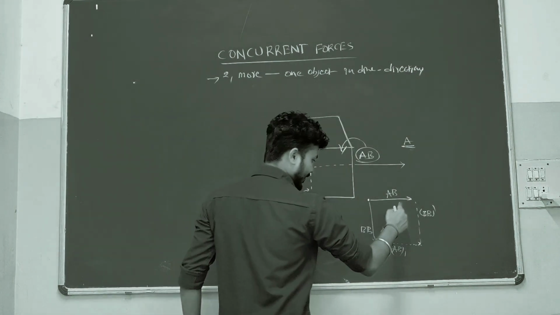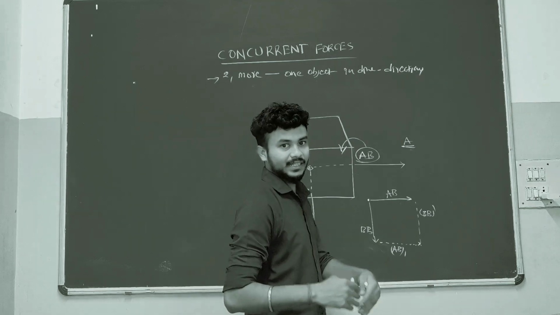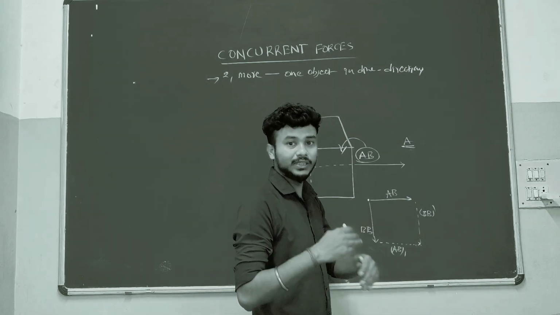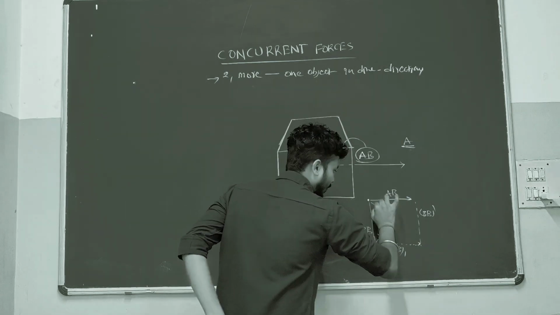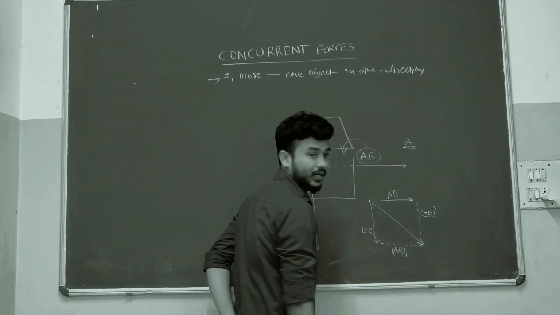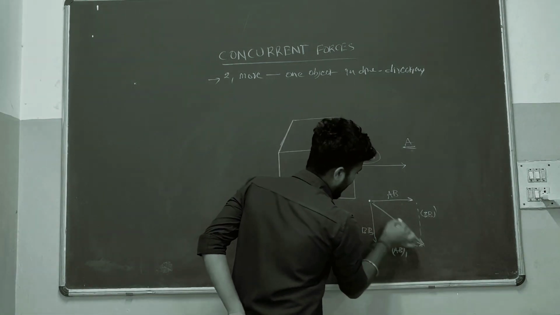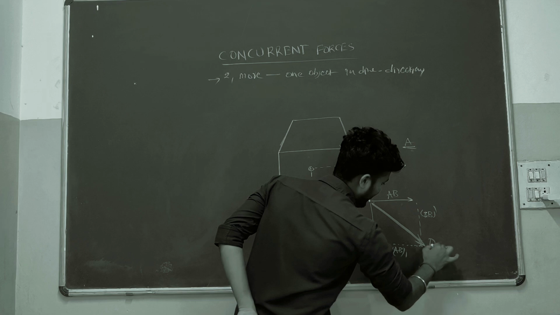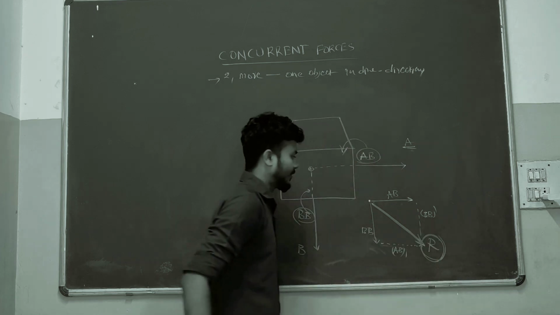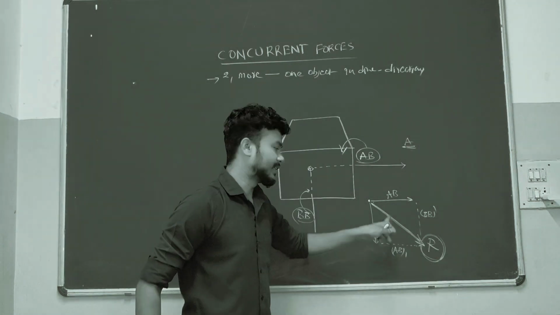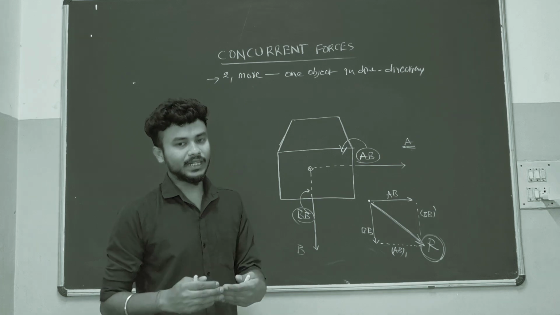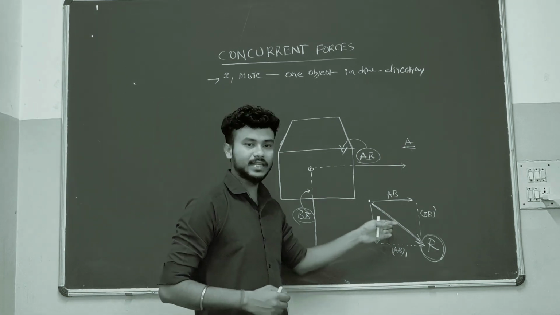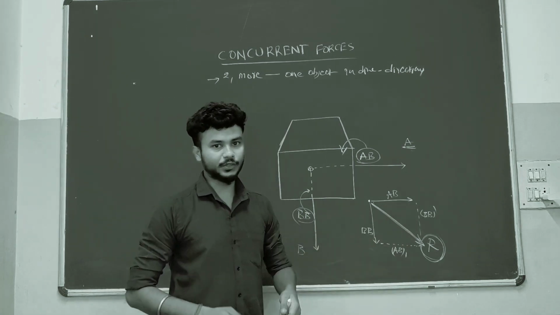Between these two forces, the net resultant, because of these two pulls, will form here in a diagonal pattern. This resultant is nothing but the net result of these two pulls.